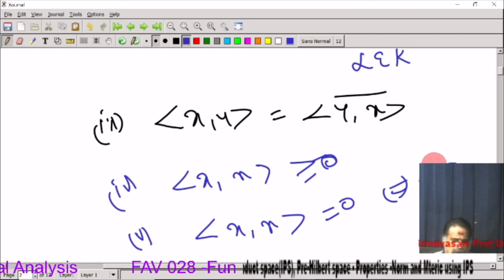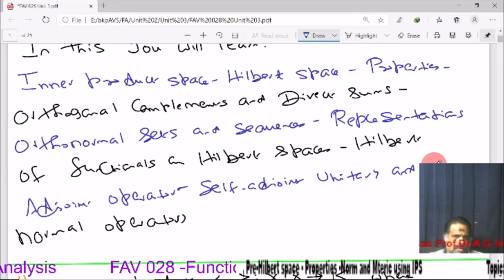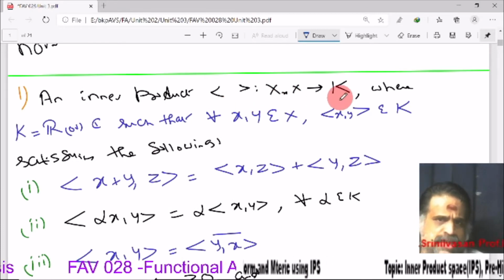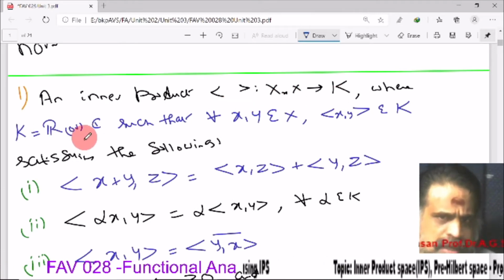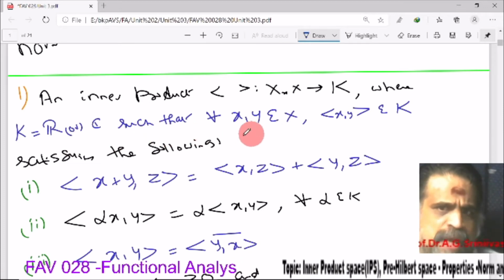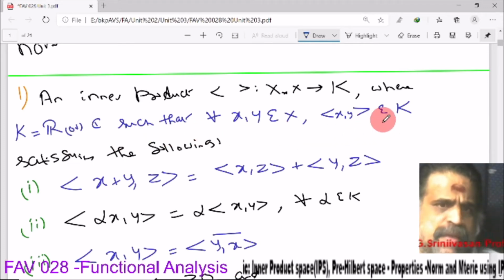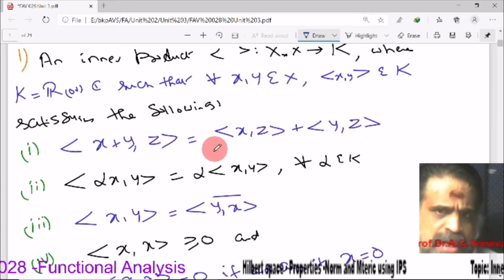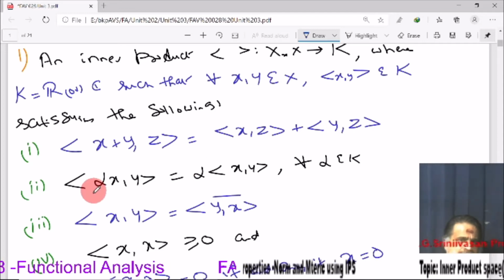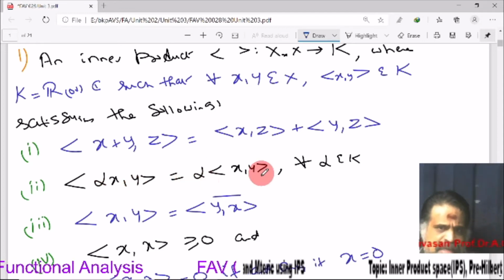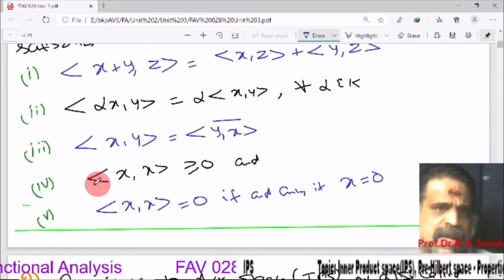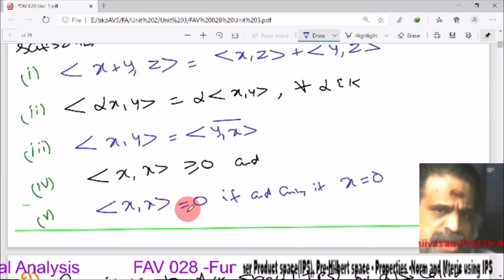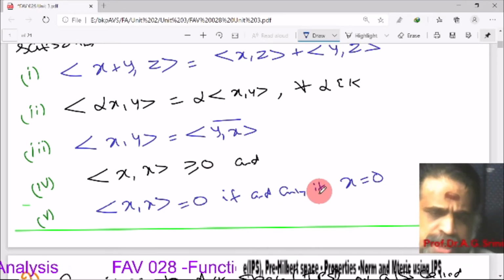So let's recall the definition of an inner product. An inner product is a mapping from X cross X to K, where K is equal to R or C, such that for every x, y belonging to X, the inner product xy belongs to K, satisfying the following properties: x plus y comma z is equal to xz plus yz, alpha x comma y is alpha times xy for every alpha belonging to K, xy is equal to yx bar, xx is greater than or equal to 0, and xx is equal to 0 if and only if x is equal to 0.